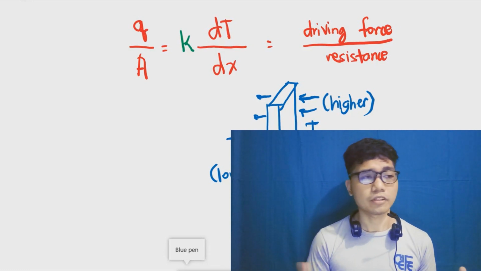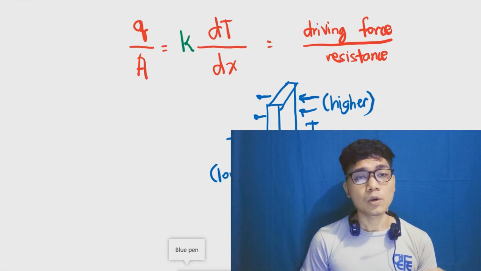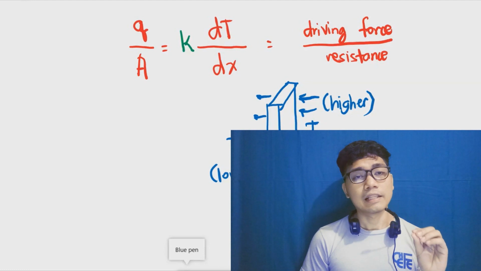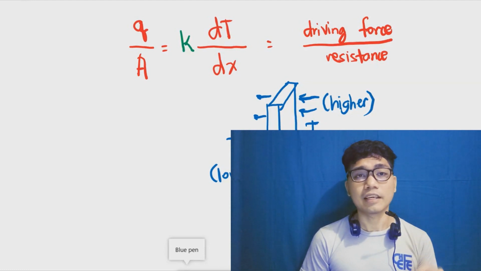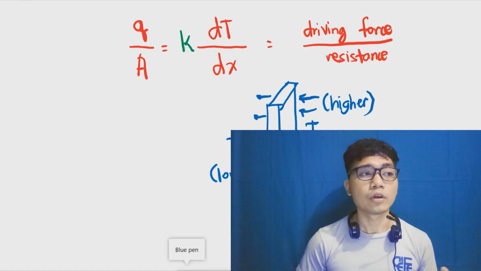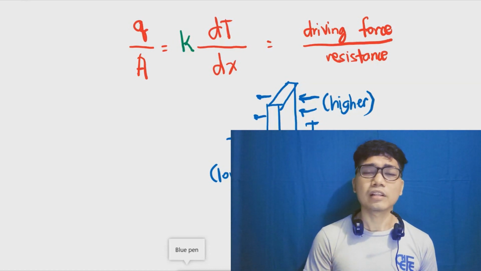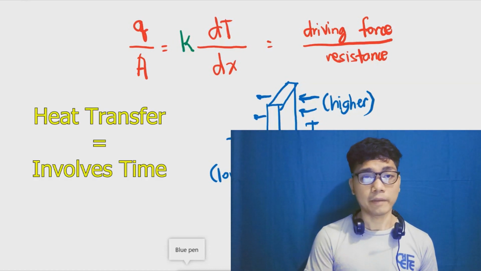For example, how much work is needed, how many calories to burn, something like that. But in heat transfer, we're focusing our lessons on finding the rate of heat transfer and probably the final temperature, or for example the power rating, or those heat problems that will involve time.